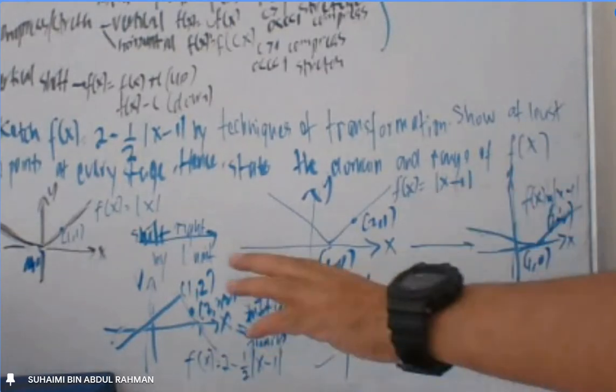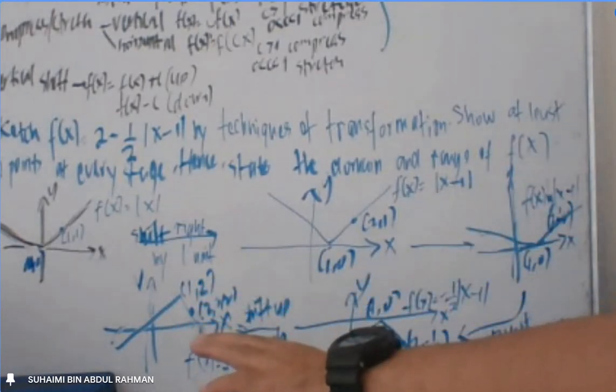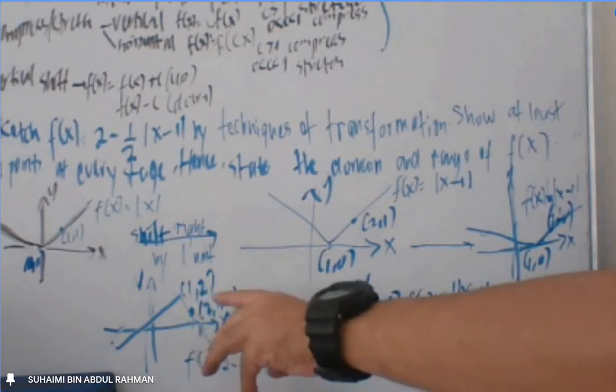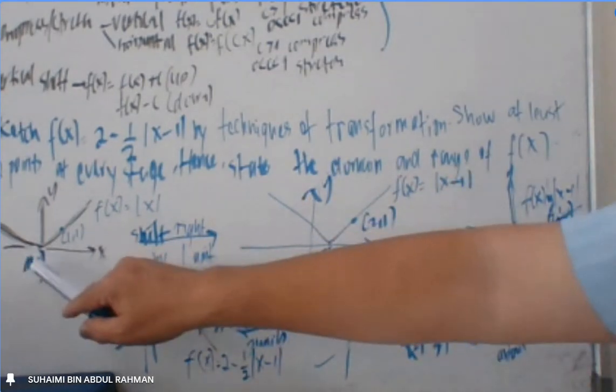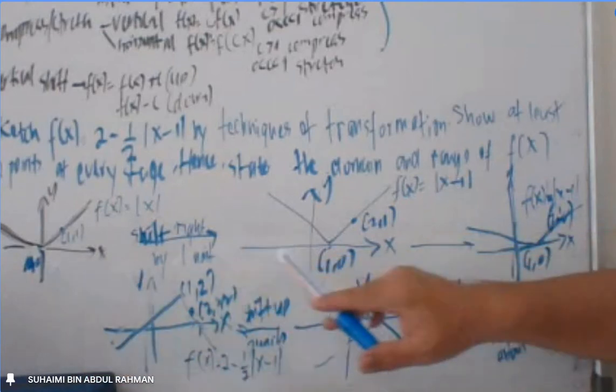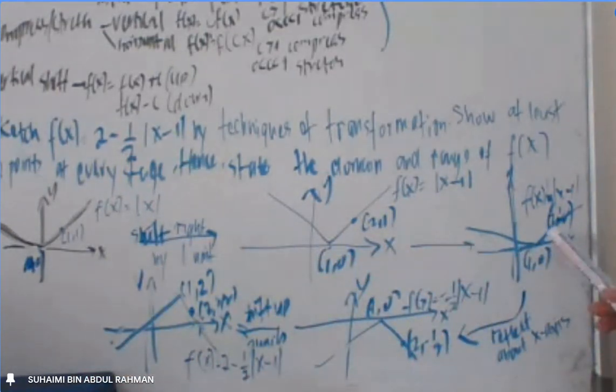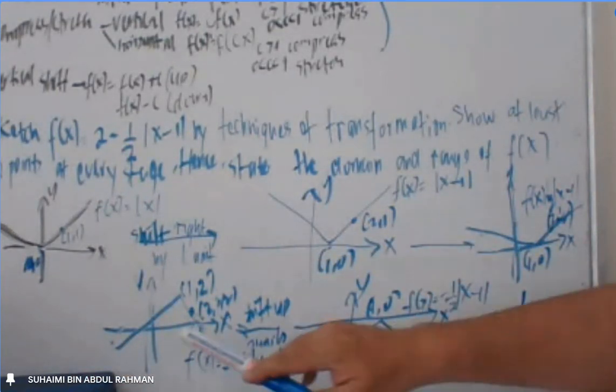This is the shape of the last function. Now we look at the movement of the points. Start with (0, 0), which goes to (1, 0), and then goes to (1, 2).